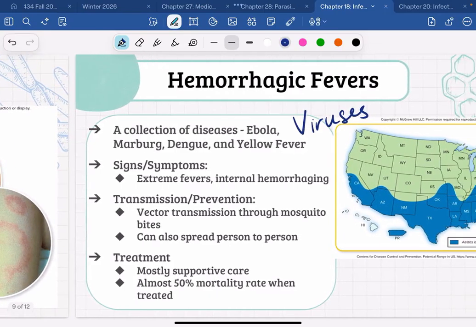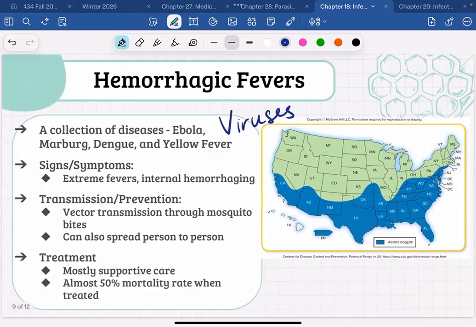Now, the thing that is kind of scary and interesting about hemorrhagic fevers is that they were actually a low-level threat in rural areas confined to Africa. So it was small communities in Africa. There would be these tiny little outbreaks where a couple people would get sick, and then that would be it.